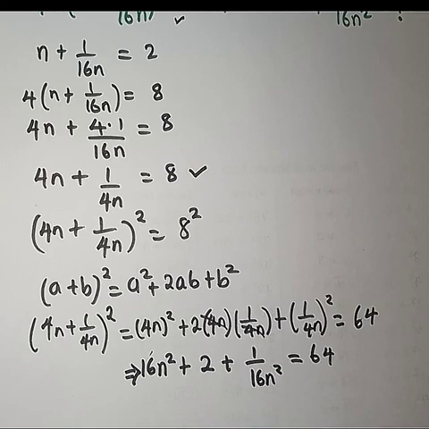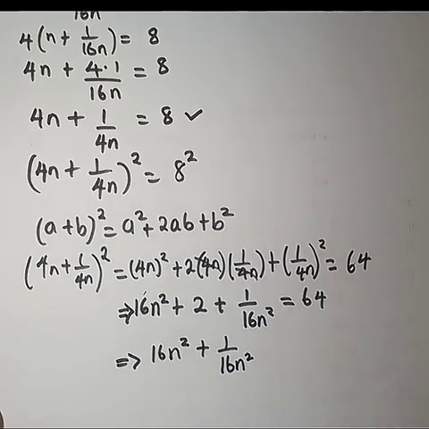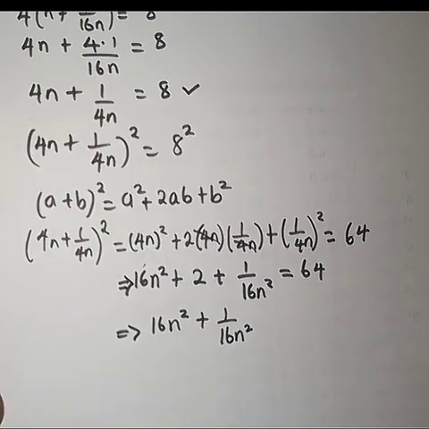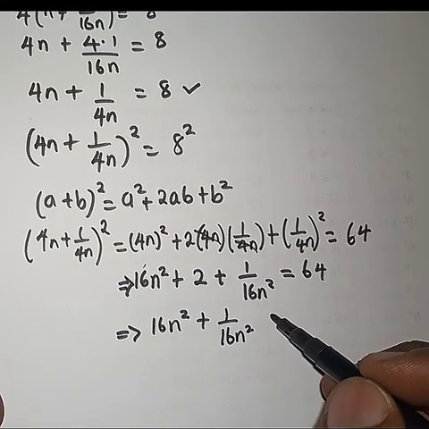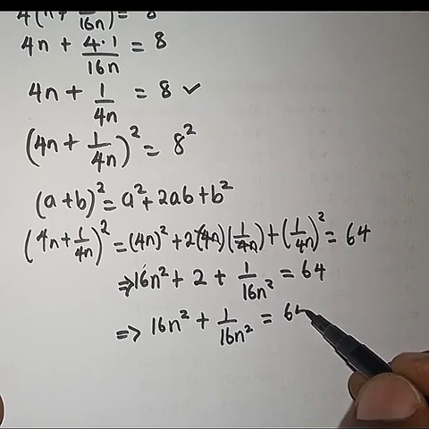So therefore this implies that 16n squared plus 1 over 16n squared plus 2, I believe you can see now, will be equal to 64.